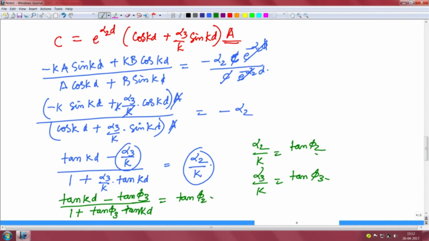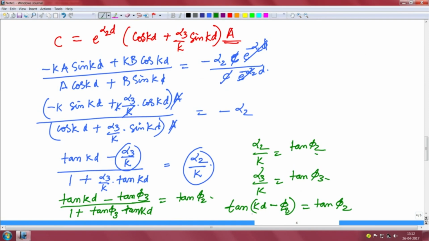So, the left side can be written as tan of kd minus phi 3, and the right side is tan phi 2.